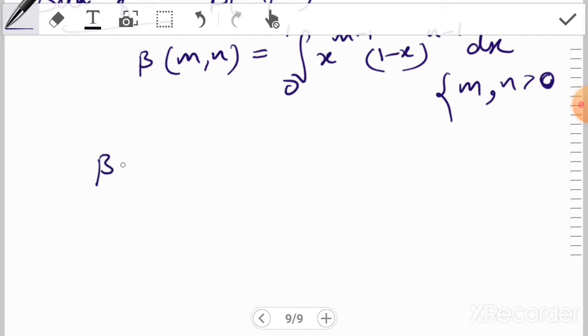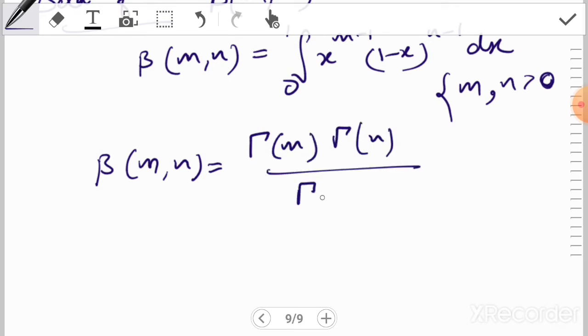The beta function is equal to gamma(m) gamma(n) divided by gamma(m+n), right?